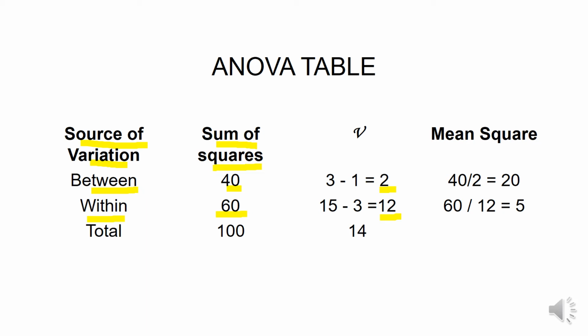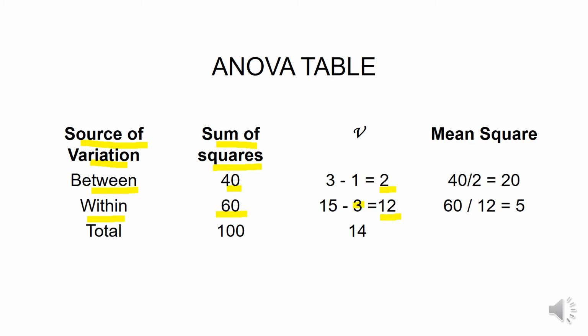How 15 items? For variable 1 there were 5 items, for variable 2 there were 5 items, for variable 3 there were 5 items. 5 plus 5 plus 5 is equivalent to 15, and 1 unit is subtracted from each variable, so 3 is subtracted. 15 minus 3 is equivalent to 12.